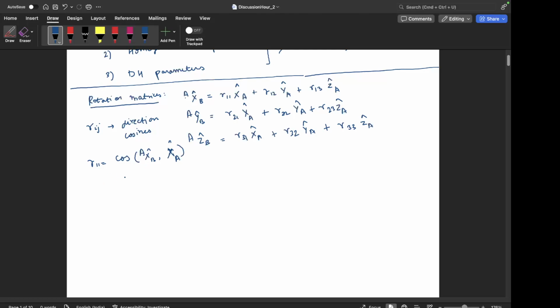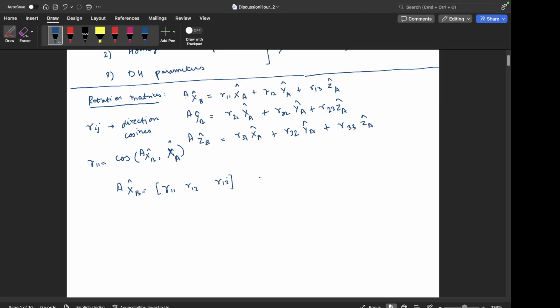And so on. So finally, what we do is that we can write these three equations in a more compact form by using the matrix multiplication notation.